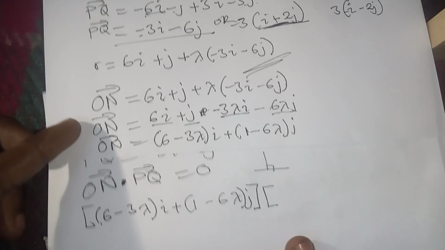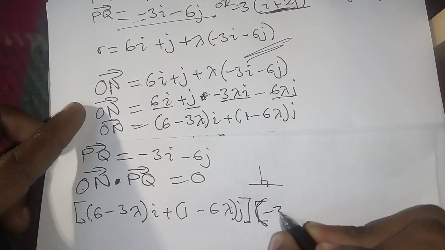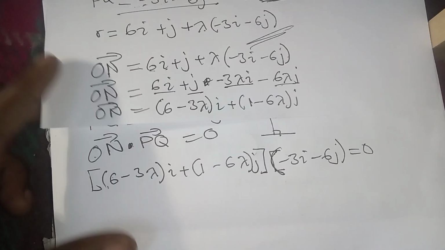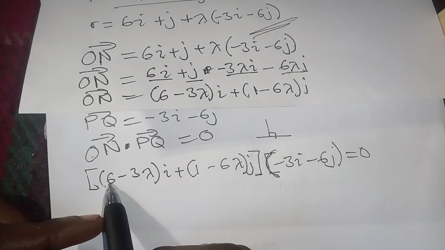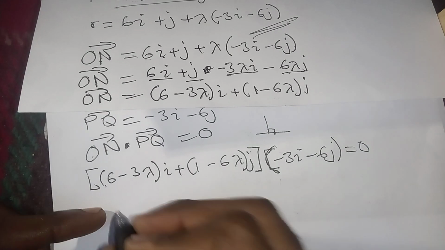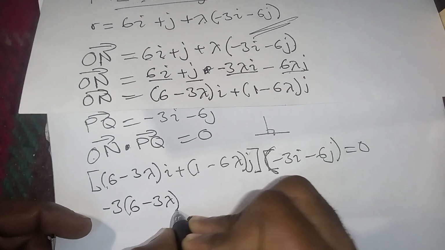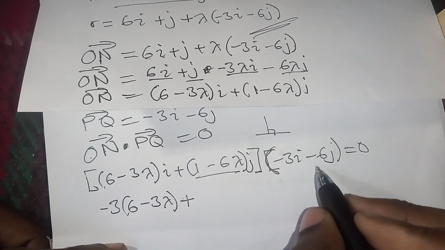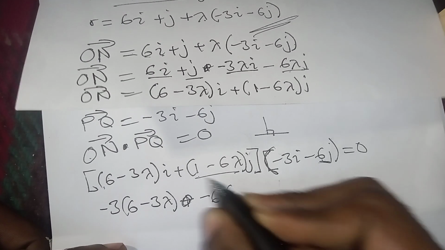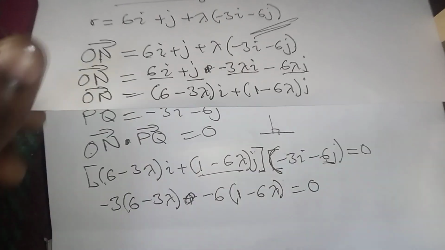This is being multiplied by PQ, which is negative 3i minus 6j, and this is equal to 0. So you multiply the i by the i. This times this will be negative 3 times 6 minus 3 lambda, then plus this multiplied by that, minus 6 times 1 minus 6 lambda, is equal to 0.